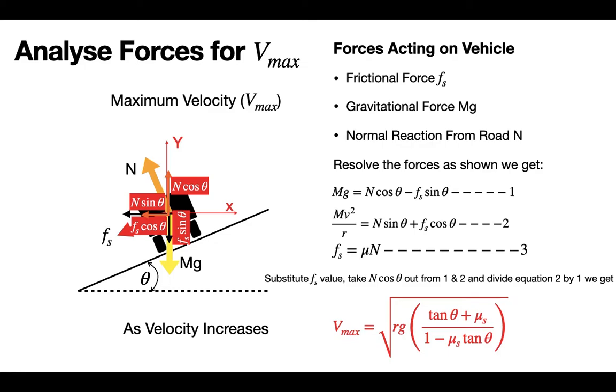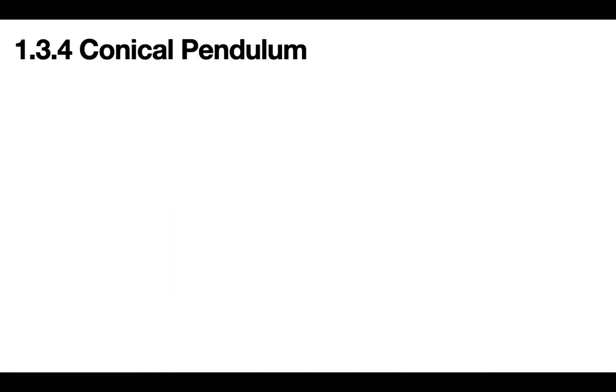The maximum velocity is the square root of rg into tan theta plus mu s divided by 1 minus mu s tan theta. So that's how we see how the friction force plays a role, and what the maximum velocity and the minimum velocity could be.